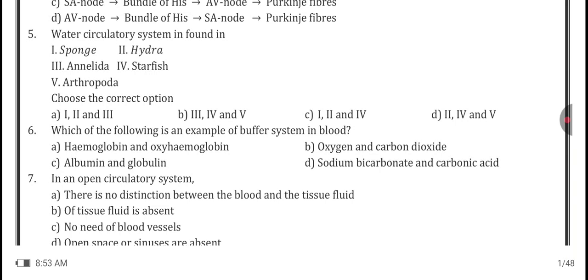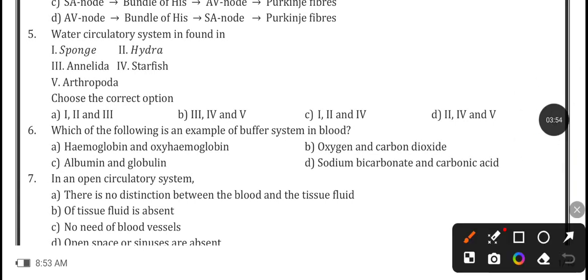The water circulatory system is found in the sponges, hydra, and the starfish. The options: B is 3, 4 and 5, no, this is the wrong option. C is 1, 2 and 4. So this is the right answer.